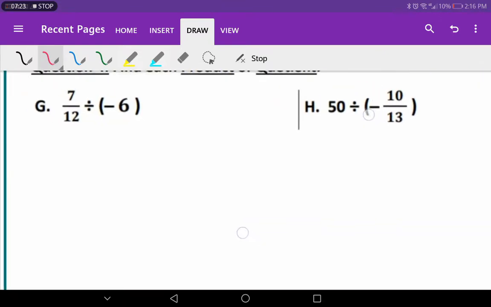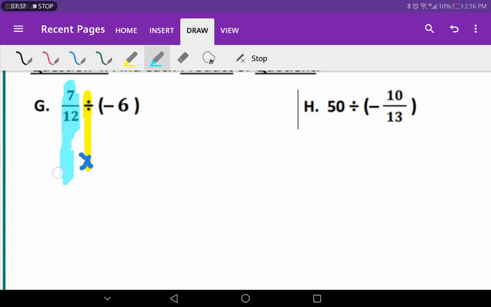Here, easy, easy. Now it is 7 over 12. The first step, this one must be multiplied, and this one comes down as it is. Don't change it. And I prefer to write it with a black color. So this is the first step, to divide a fraction by a whole number or a fraction by a fraction.